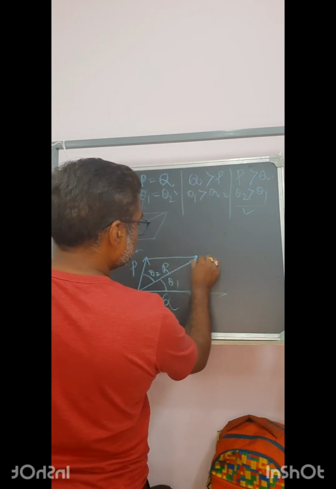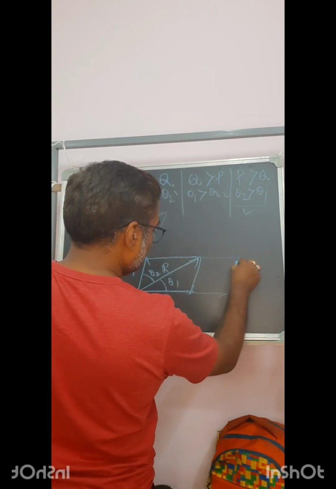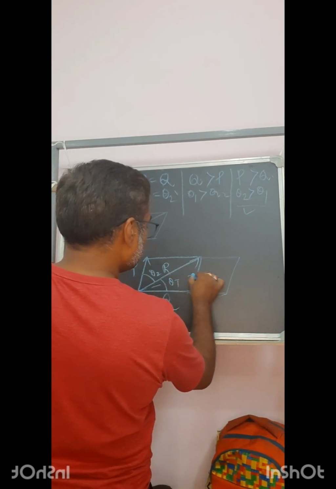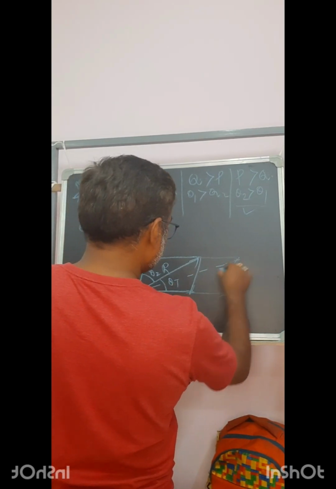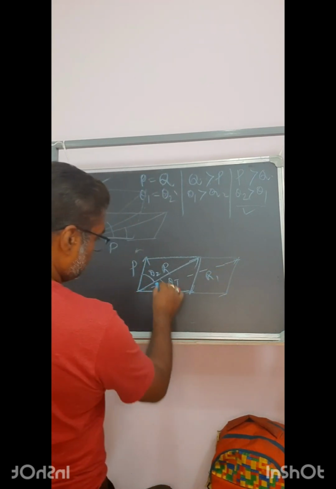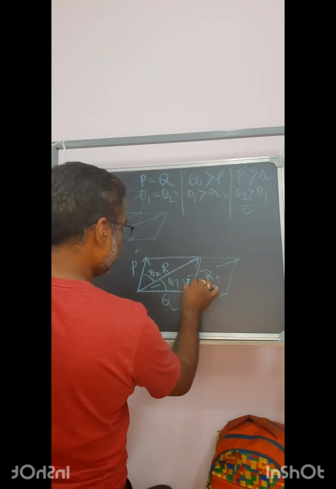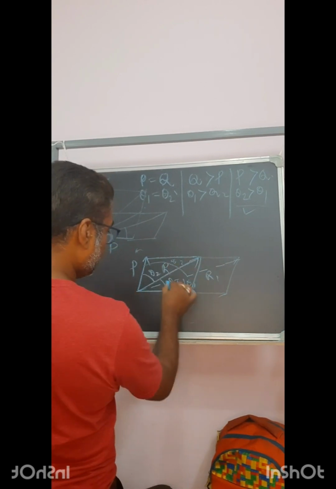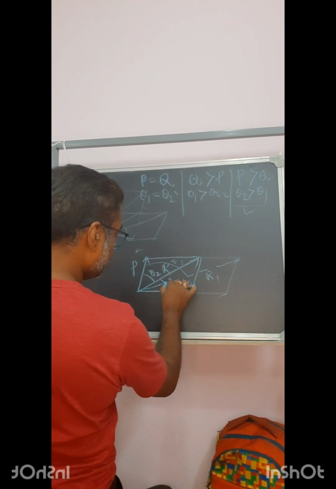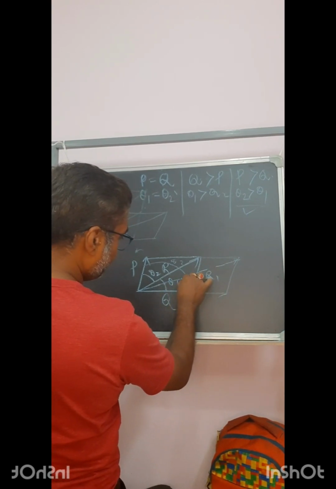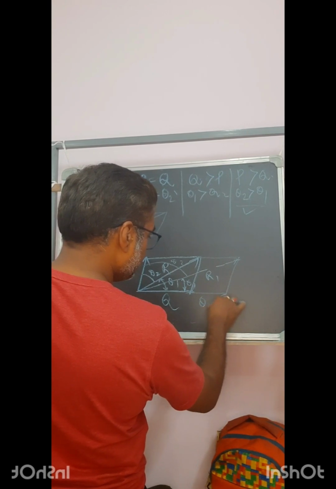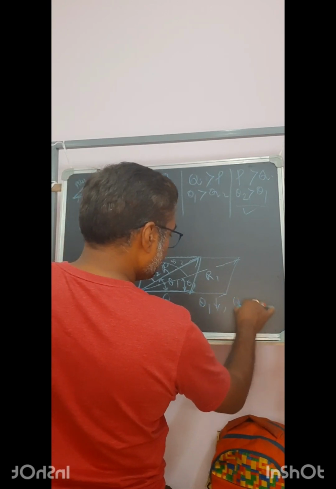So the new parallelogram will move up to this and the new resultant will move up to this R1. So definitely, this is theta 1 and this is theta 2, and from the earlier one it has reduced. This angle is less than this angle. So theta 1 is reducing when Q is increased.